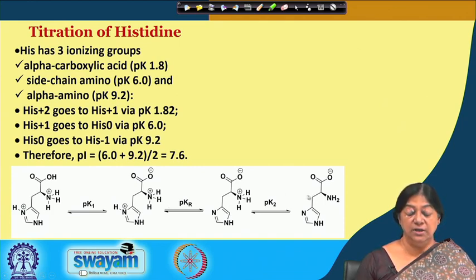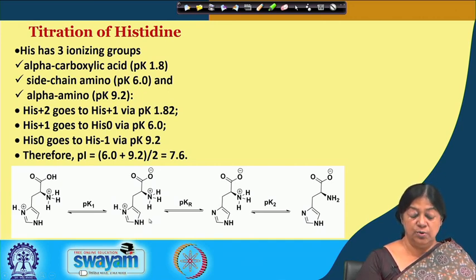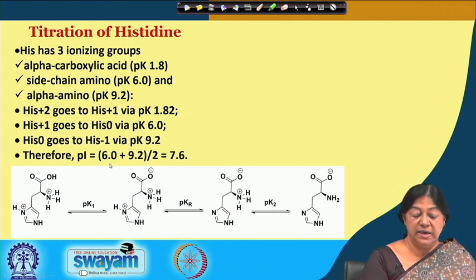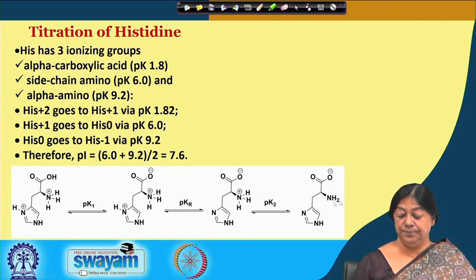What are we interested in? We are interested at the specific point where the charge is going from +1 through 0 to -1 and the pK values responsible for that. So, what are the pK values responsible for it? It is the pKr, which is 6, the pK2, which is 9.2. The average of that gives us the PI of histidine.